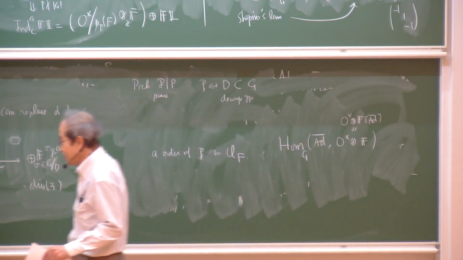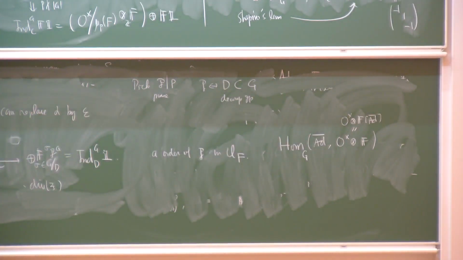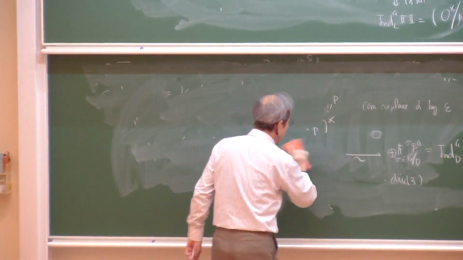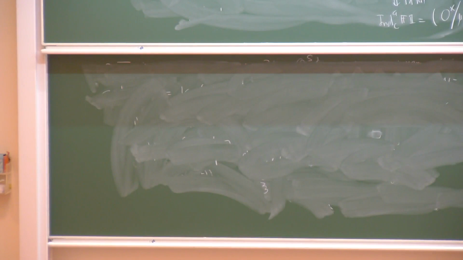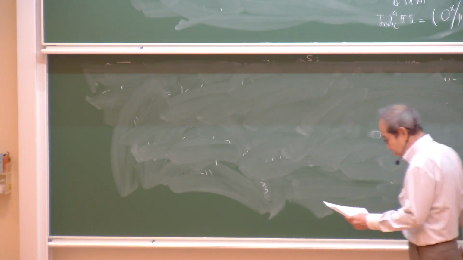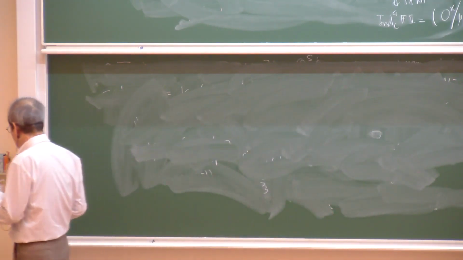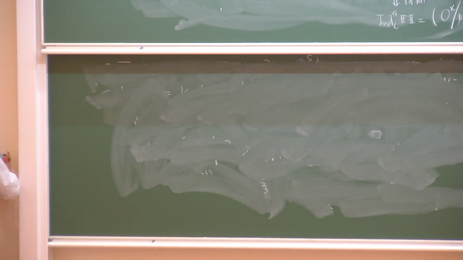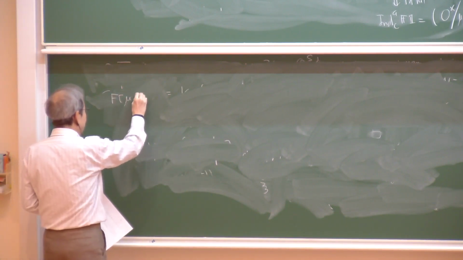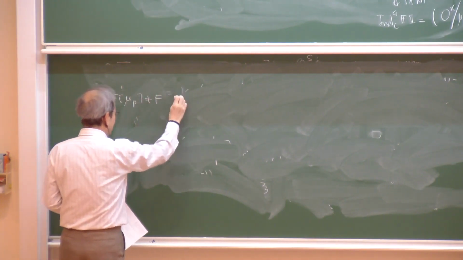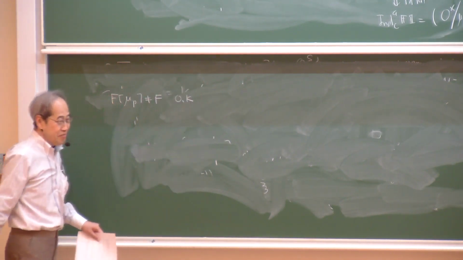That's an easy exercise, but as I said, I don't go into details. For example, if F mu p is different from F, obviously it is okay, right?